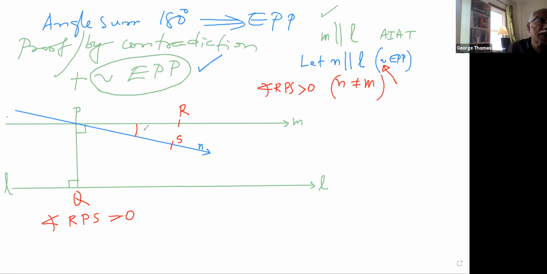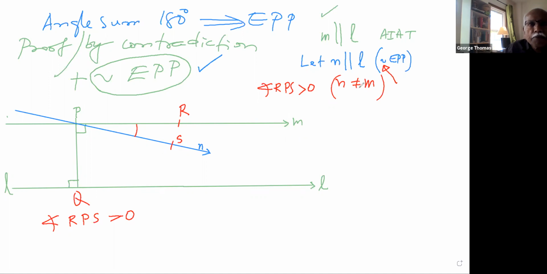What happens if this angle is 0? Then this line will coincide with this line, wouldn't it? Then N will be equal to M. But we said N is not M, right?